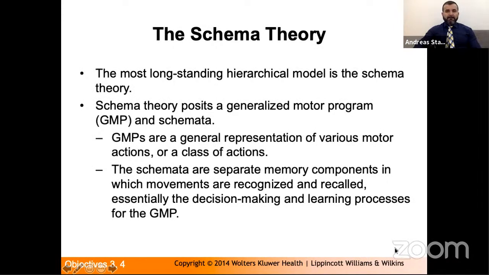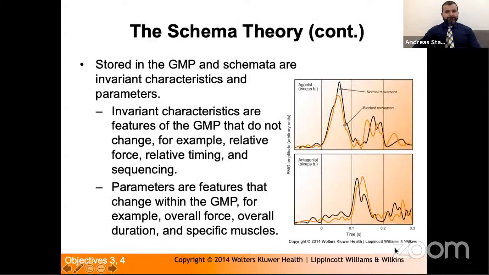Schema theory talks about a generalized motor program, GMP, and schemata. Schemata are separate memory components in which movements are recognized and recalled. So we know what we've done before, and we just activate it. We use it for the future when we do something similar.